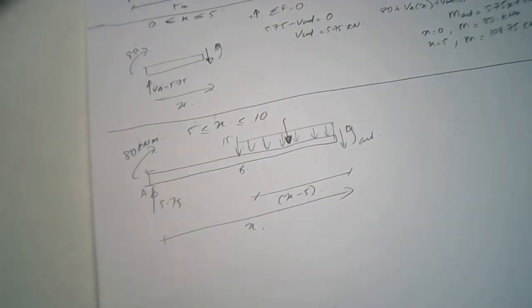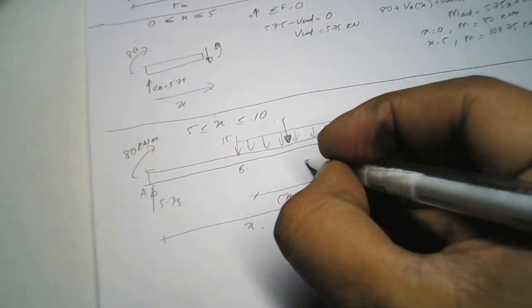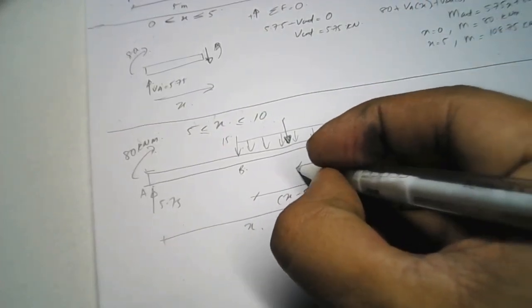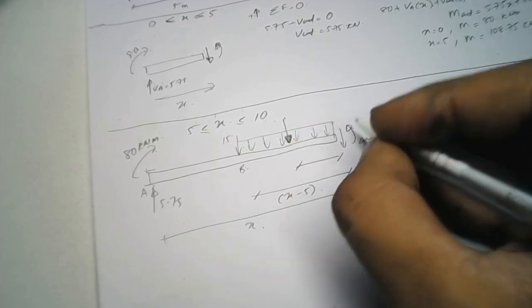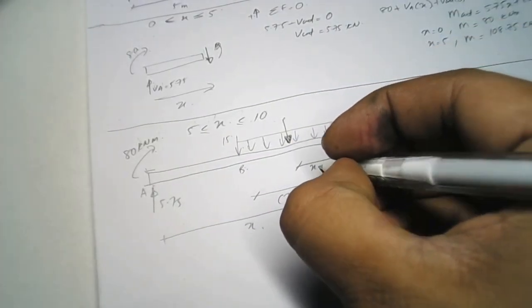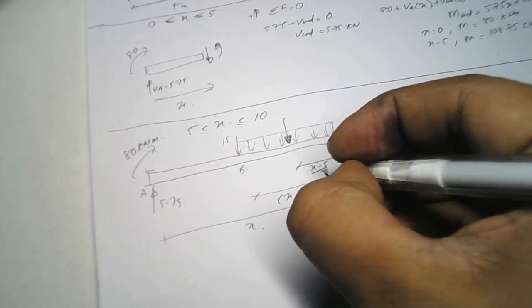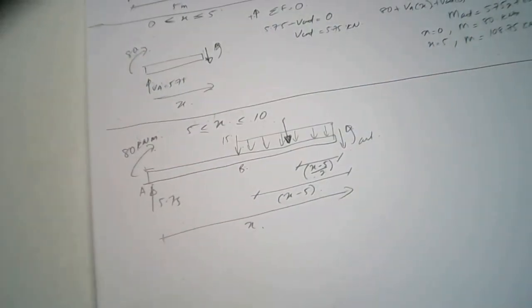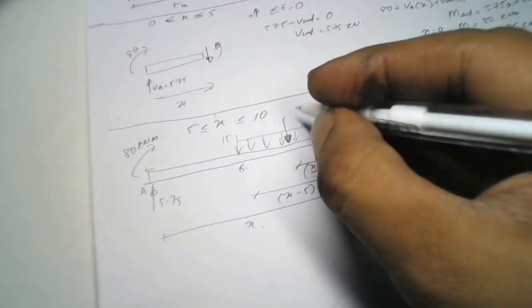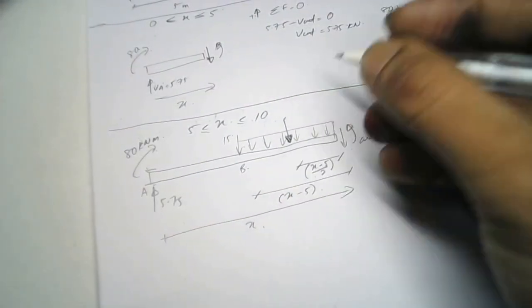What happens with this one? The distance from the representative force here to the cut point is (x minus 5) divided by 2, half of the length. What's the value of the representative force here?